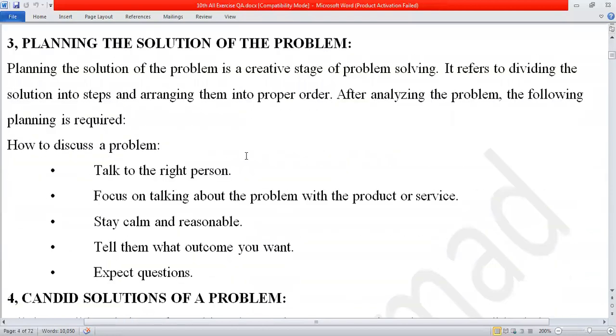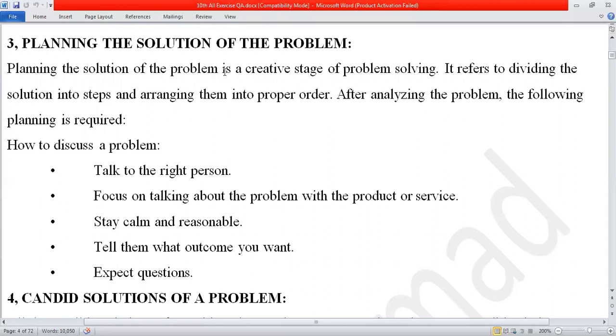In the first step you understand the problem, in the second you analyze the problem. Two steps are clear in your mind and you have collected the files and you have decided I am going to computerize, I will make this solution, or I will make the program for this company or organization. Now next step is planning the solution of the problem.